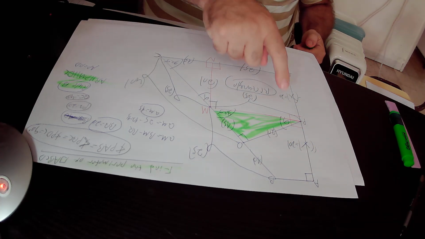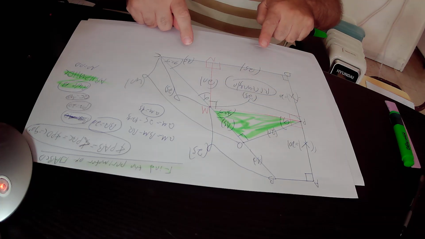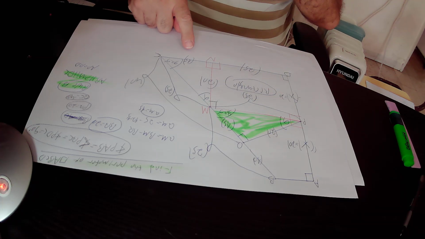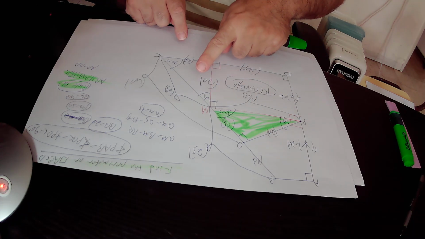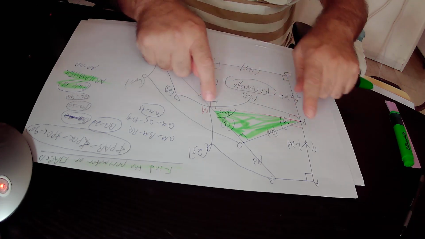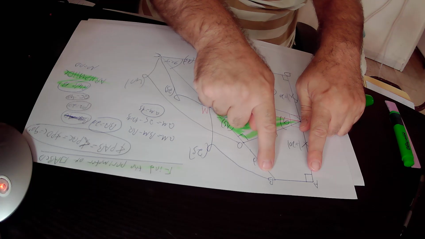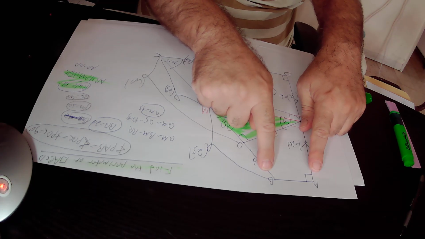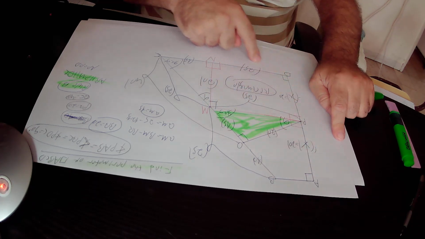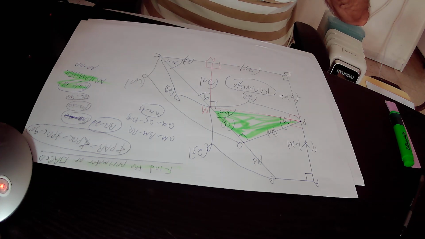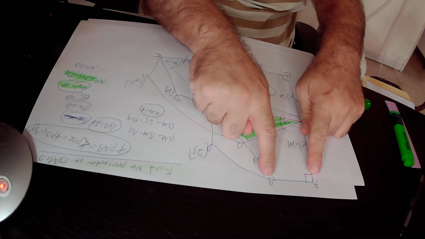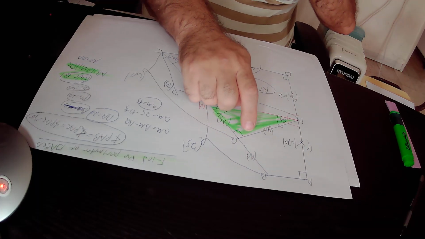So in total, 40 plus 40 is 80. 80 plus 50 is 130. So 130 plus the missing side AB is equal to the perimeter of quadrilateral ABCD. Repeat again: the perimeter of any quadrilateral equals the sum of its four side lengths. So AB is the only missing side that is left to find out.